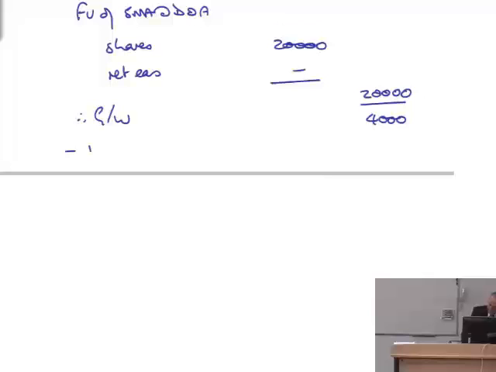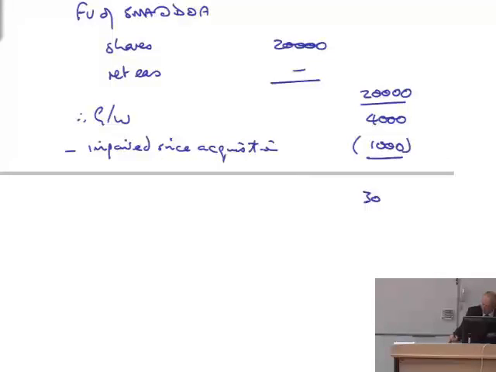So less impaired since acquisition, is 1,000, 25%. So on the consolidated statement of financial position, I have 3,000 goodwill.